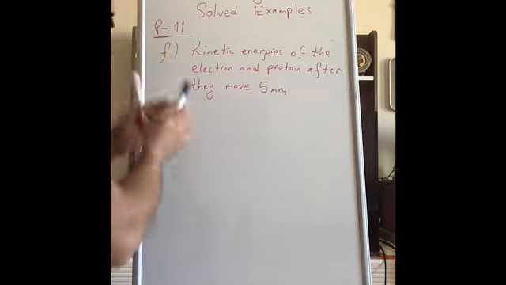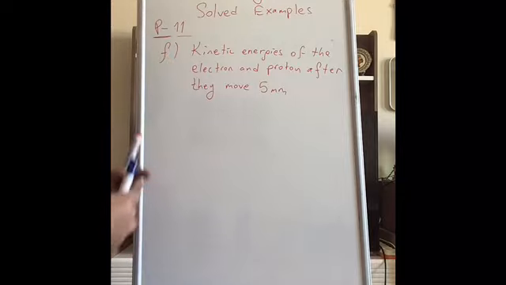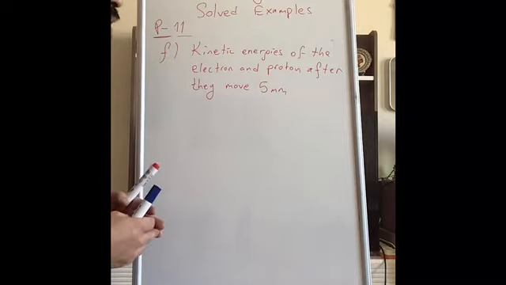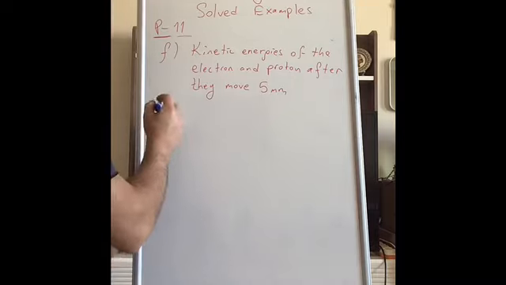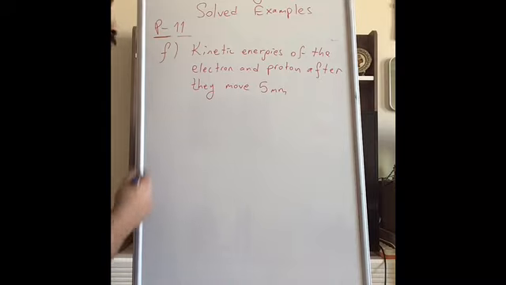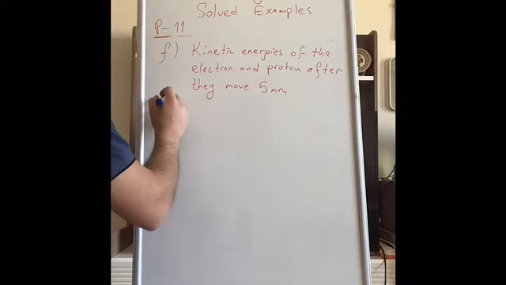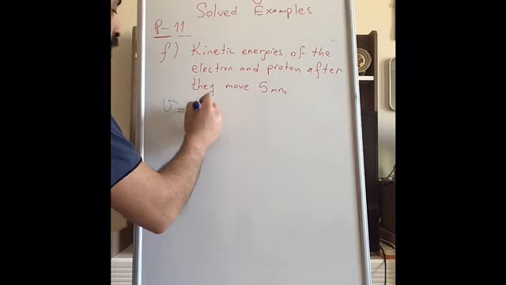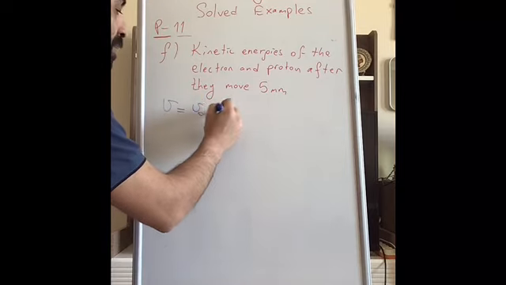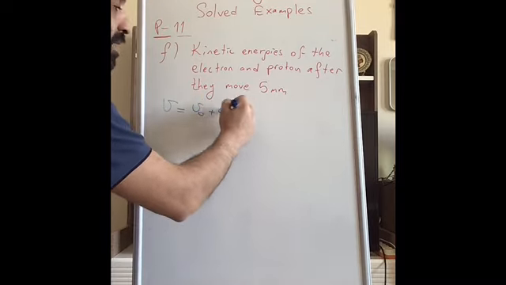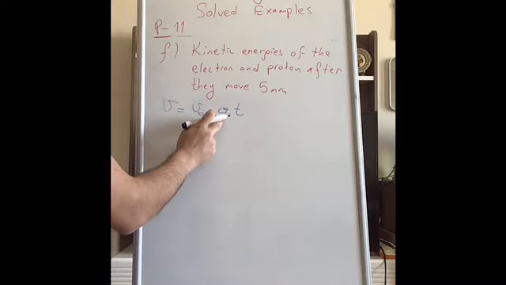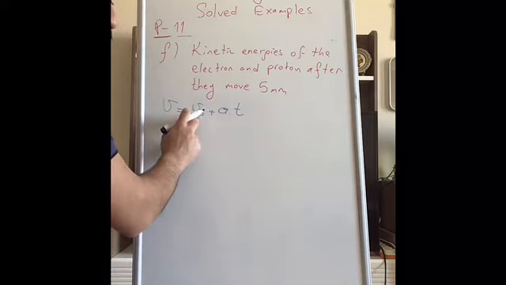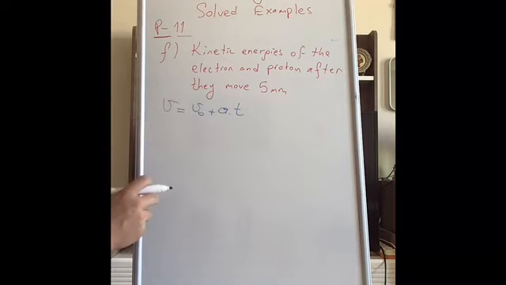Now we can solve this problem in 2 ways. One is the classical motion problem. We can write the equation of motion for the velocity. When our object is moving with an acceleration, I can write V will be equal to its initial velocity plus its acceleration times the travel time. And we already calculated the travel time and acceleration, and we know they are starting from rest, so the initial velocity is 0.